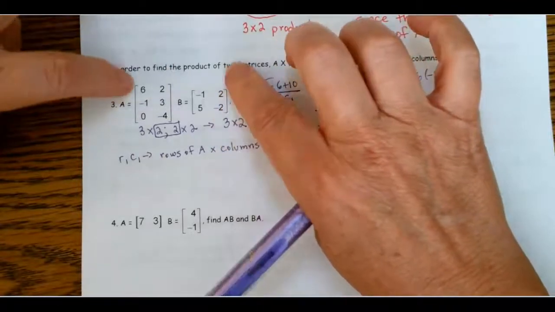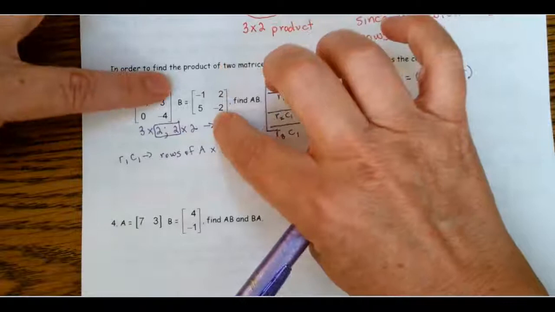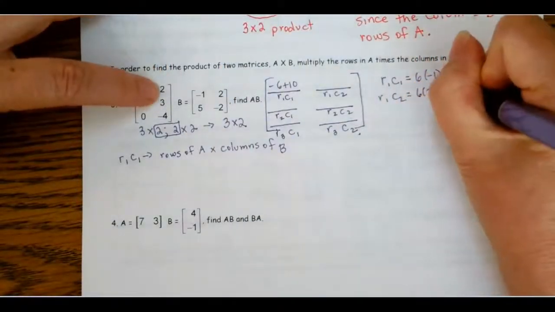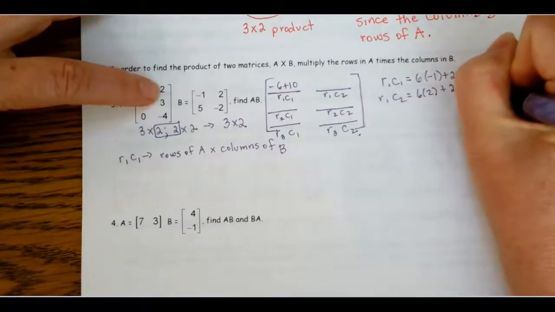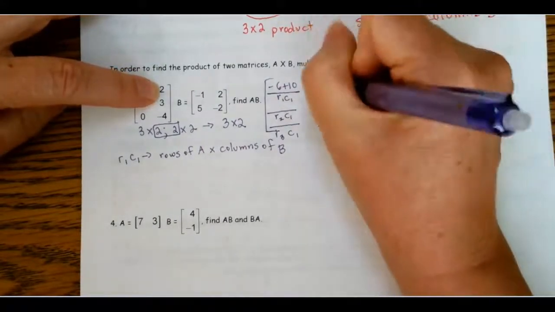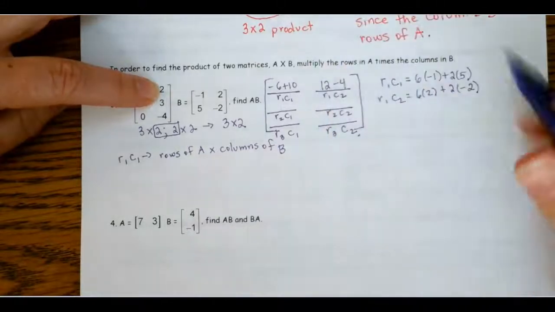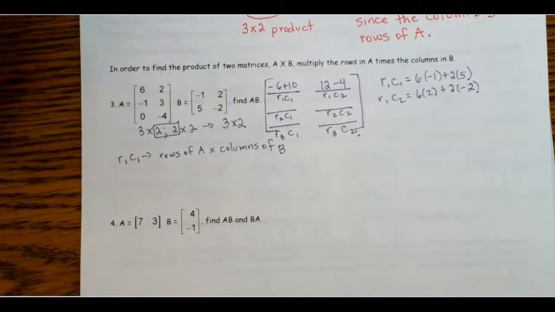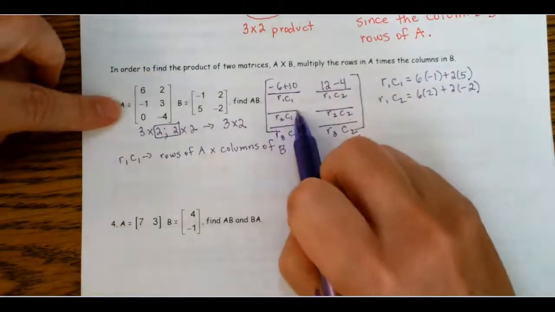You have to move those fingers left to right, top to bottom. So we have 6 times 2 plus 2 times negative 2. All right, that's 12 minus 4. 12 plus negative 4.